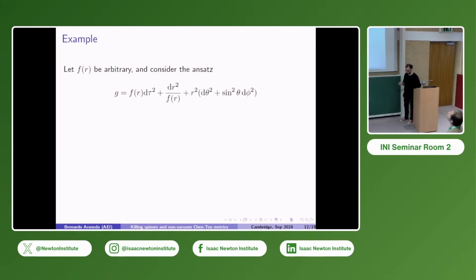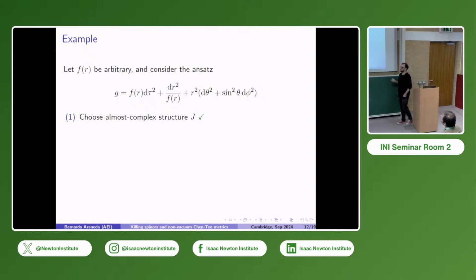It all depends on the ansatz you want to study. For example, if you start with a very simple example, which is this spherical ansatz, but you leave f of r to be an arbitrary function, you want to solve your field equation. So what was the recipe for doing this? According to what I've been describing, the first step is you choose an almost complex structure.